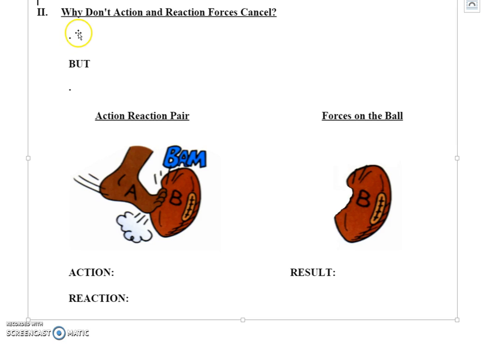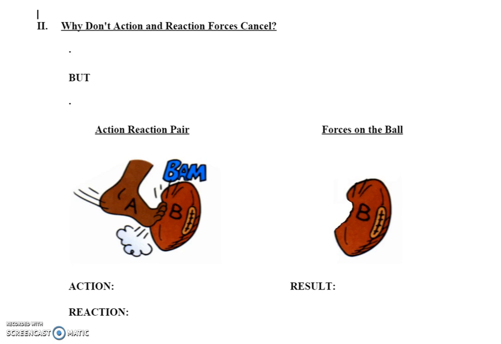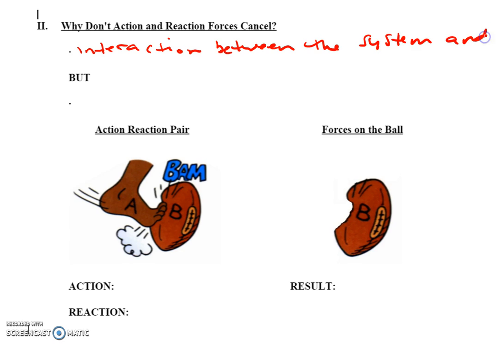So if the interaction is between the system and something external, or something outside the system, forces do not cancel.